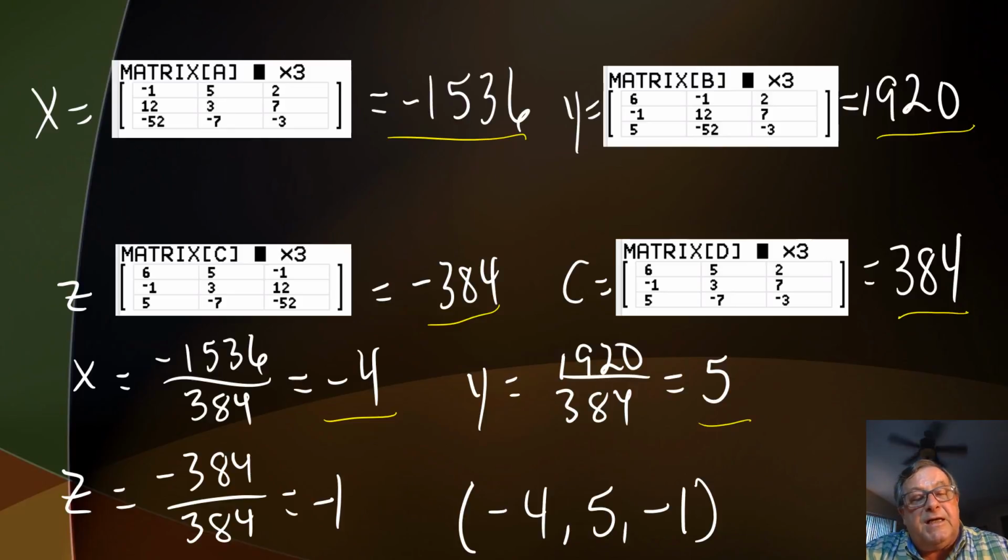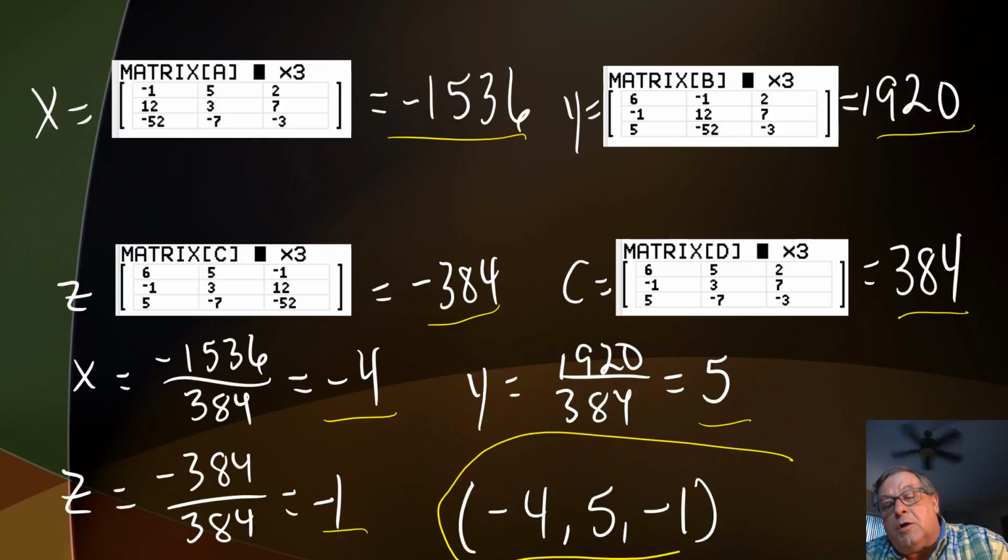And then for the z variable, I take the determinant that we set up for the z's, negative 384, over the determinant of the c matrix, 384, which is negative 1, and therefore my ordered triple is negative 4, negative 5, negative 1.